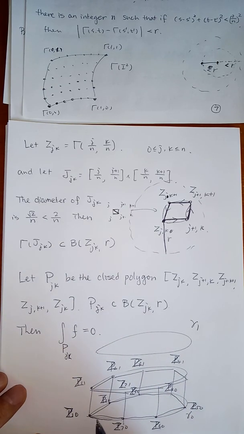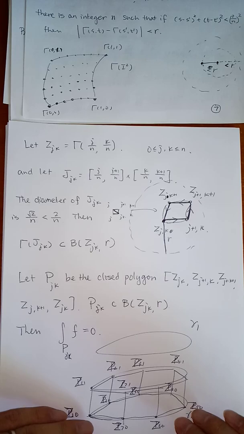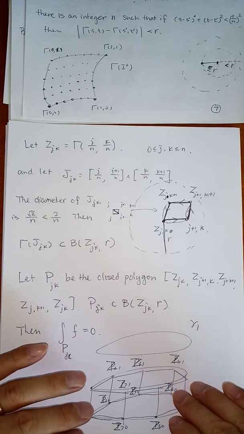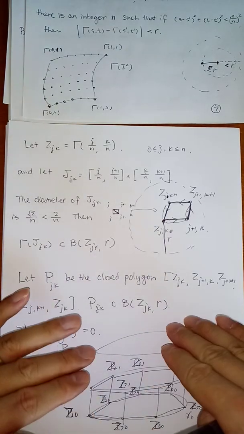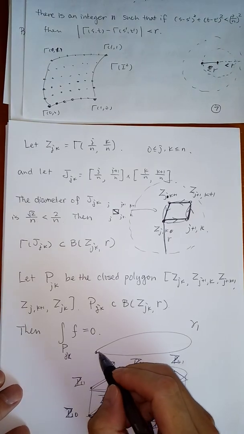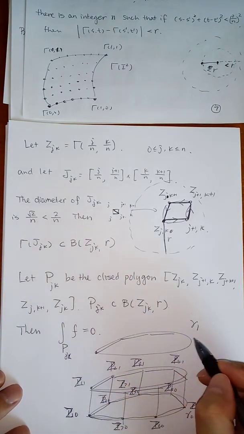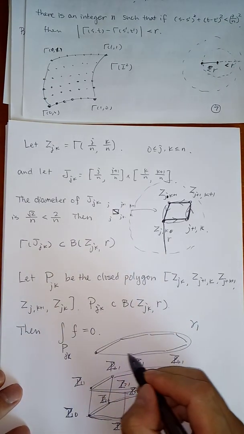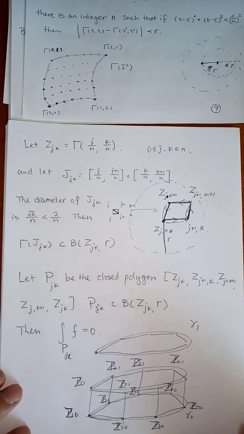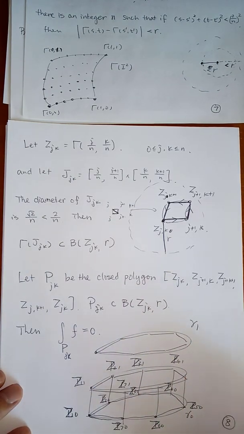We want to use a polygonal path from z0 to z1, z10, z20, z30. We use this polygonal path to replace this gamma 0. And then we are going to lift this polygonal path up and up and up, step by step. Eventually we reach the top level. Okay, so that's the idea.